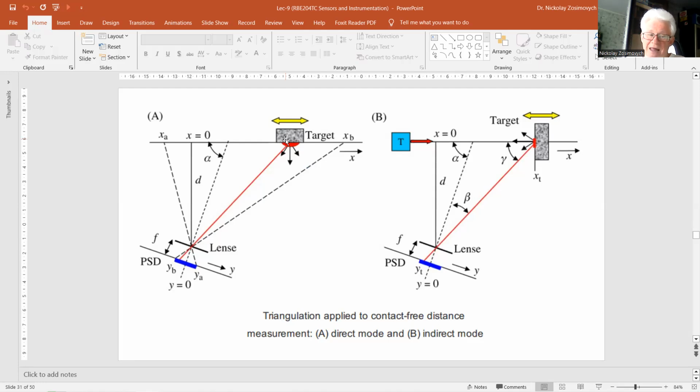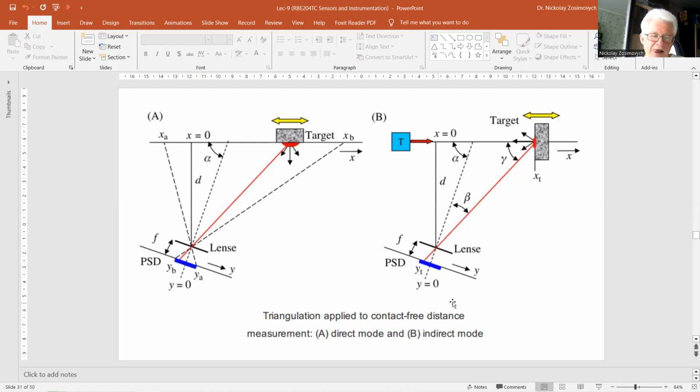From figure A, it follows that the measurement range, which travels from XA to XB from left to right, depends on the size of the PSD from YA to YB. And the focal length f can further be adjusted with the parameters g and alpha.